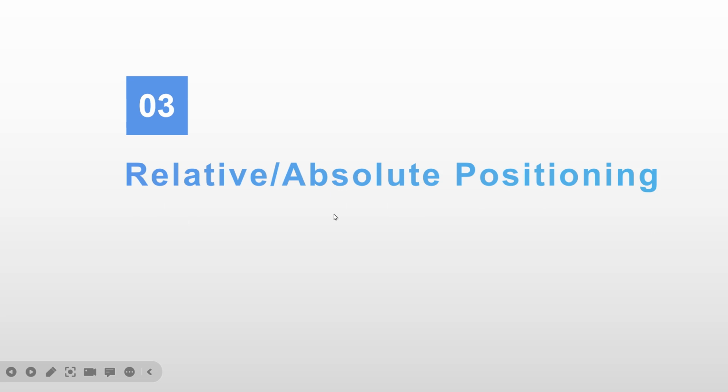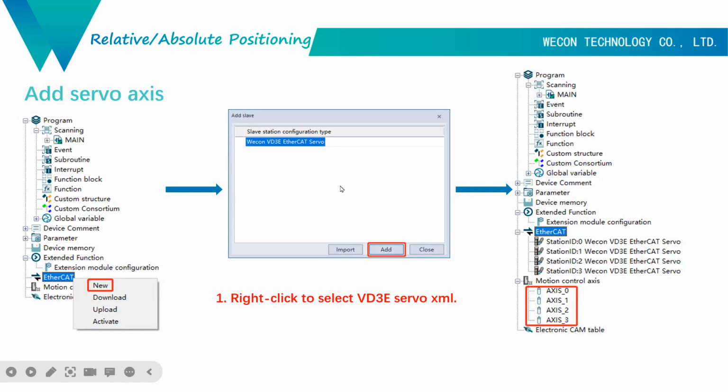In our last part, I will introduce relative position and absolute position in detail. First, before programming, we need to add our motion control axis.